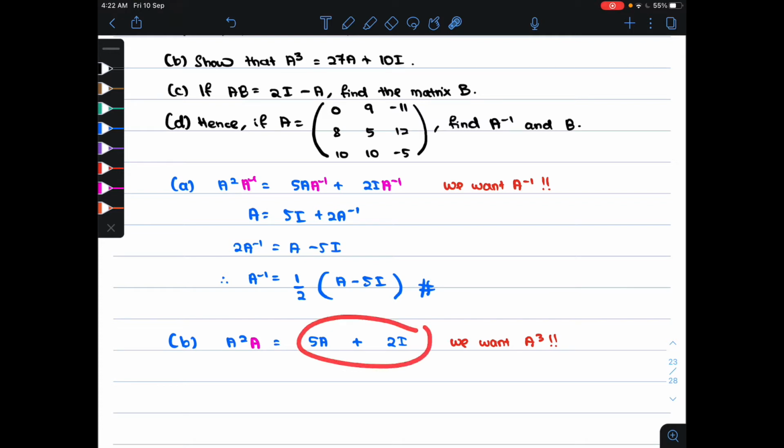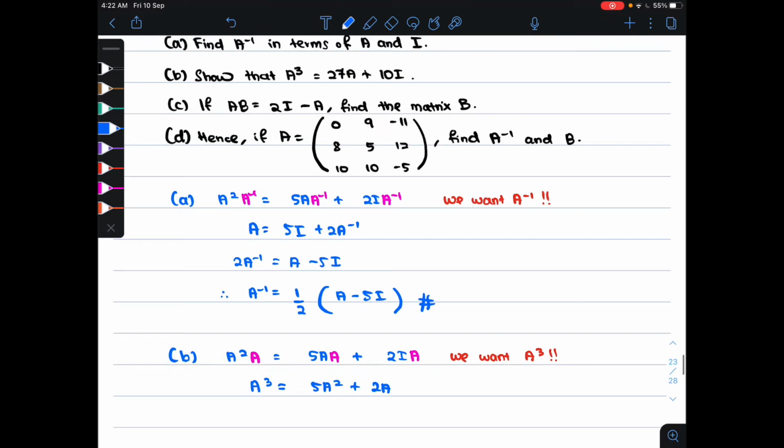Therefore, for the right hand side here, I'm going to put A on the right hand side as well. And we get A cubed equal to 5A square plus 2A.